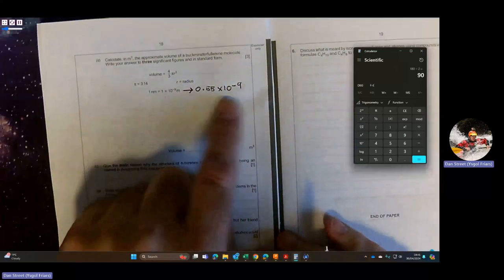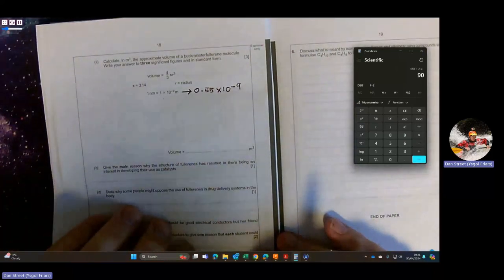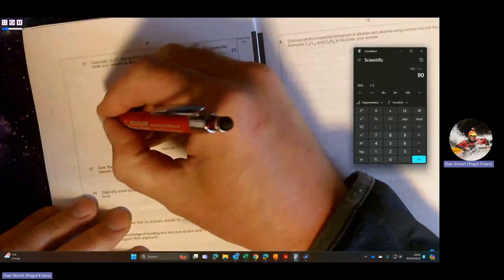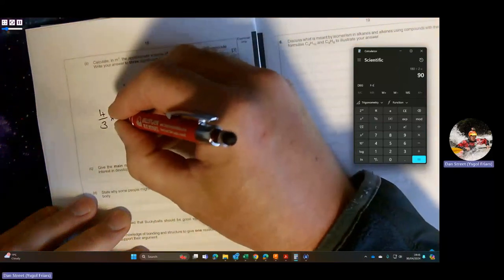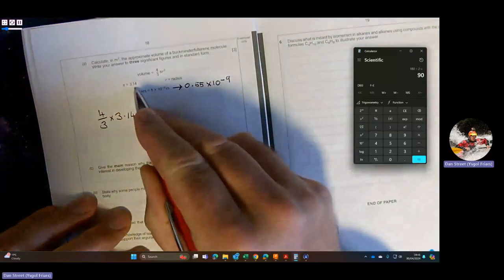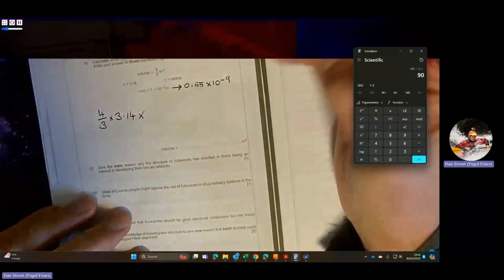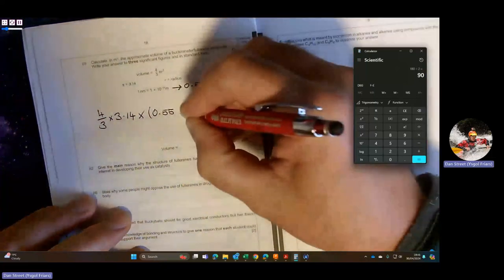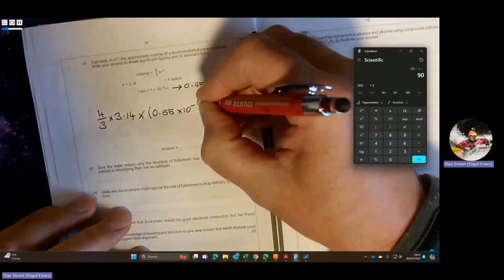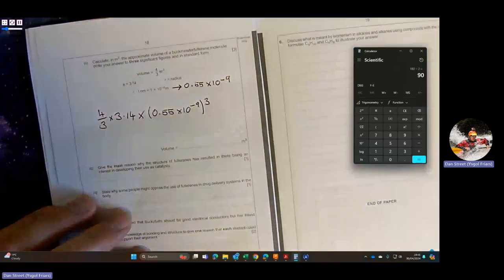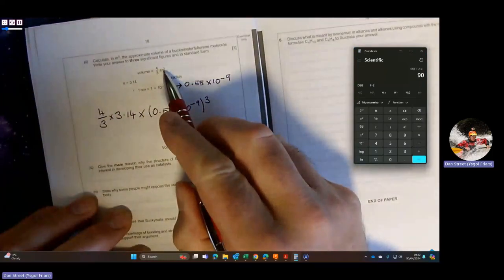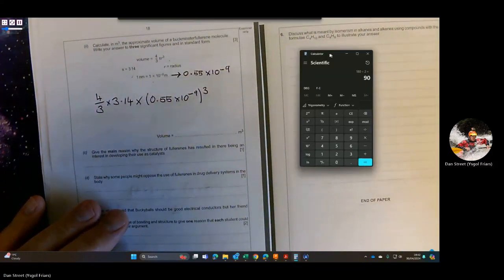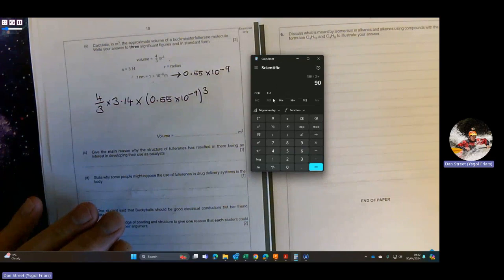Okay, now if you're confident with standard form, you could convert that into proper standard form, but it should work in our calculation. So our calculation is going to be 4/3 times 3.14, because we just need to use that value for pi, times the radius of our buckyball, which is that value. We need to cube that, because we need to cube it according to the equation there. So if we put that in, let's cancel everything.